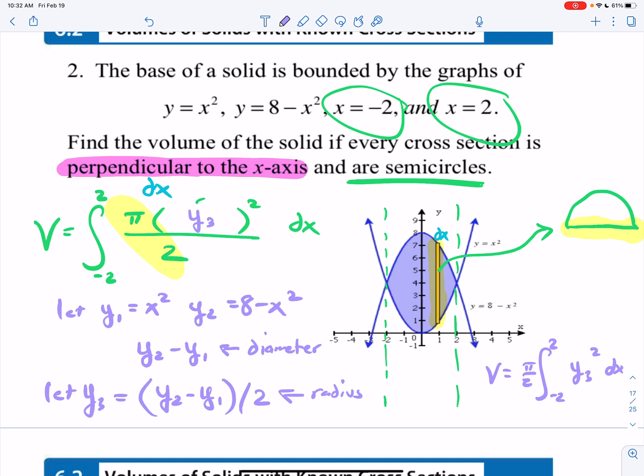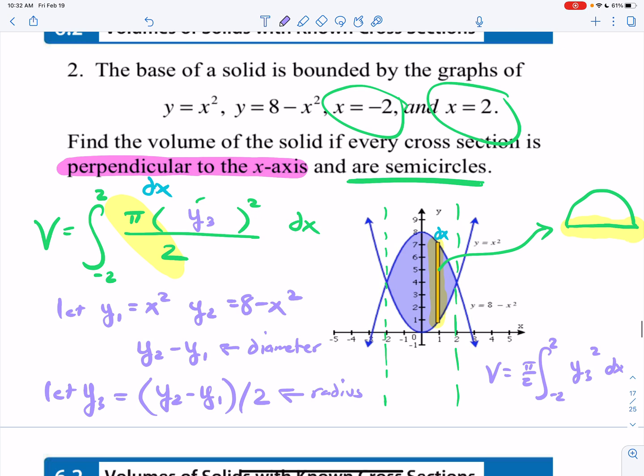Okay, so y1 is x squared. y2 is 8 minus x squared. Make sure that you guys are not using the old y1 and y2 from the last example, okay? y3, I'm going to let be (y2 minus y1) divided by 2.